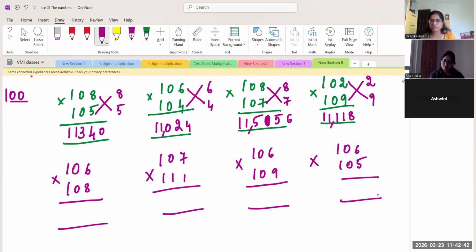Any numbers we can choose. These are all with respect to base 100. You can even practice by using base 1000, base 10,000 also. Yeah. So 100.